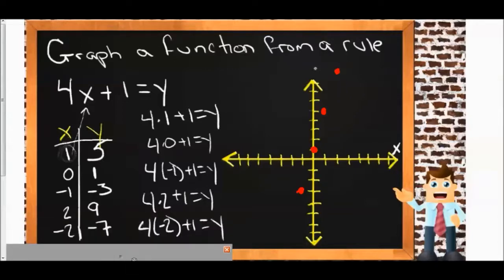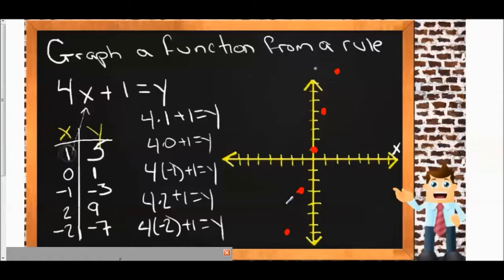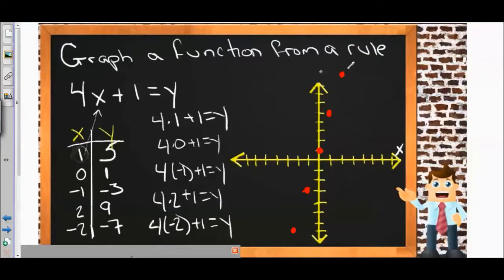And then if I put negative 2 in there, negative 2 times 4 is negative 8. Negative 8 plus 1 is negative 7. So negative 2, 1, 2, 3, 4, 5, 6, 7. Uh-oh. I want that to be right there. Once you have all your dots plotted, you want to try and connect the dots.